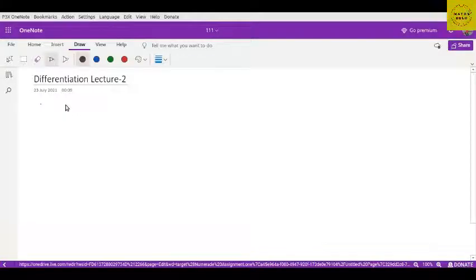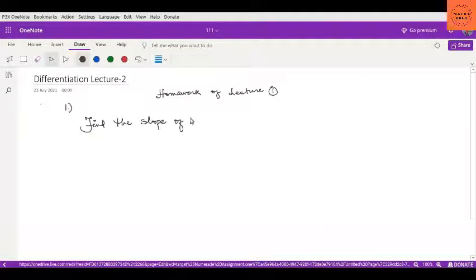So first problem of homework of lecture 1. So first problem was to find the slope of the curve at the point indicated.